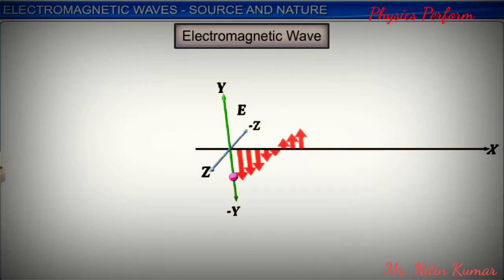The oscillating electric field produces a magnetic field which oscillates perpendicular to the direction of the oscillations of the electric field, that is, along the z-axis, and propagates along the direction of the x-axis.